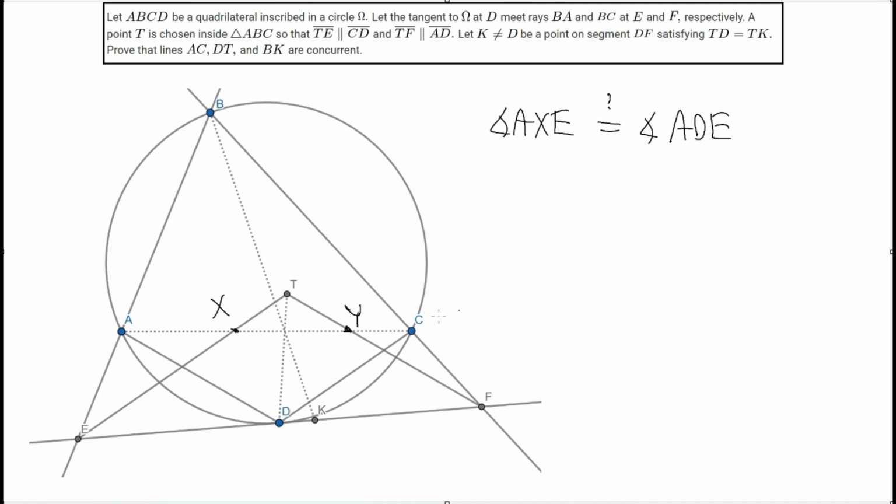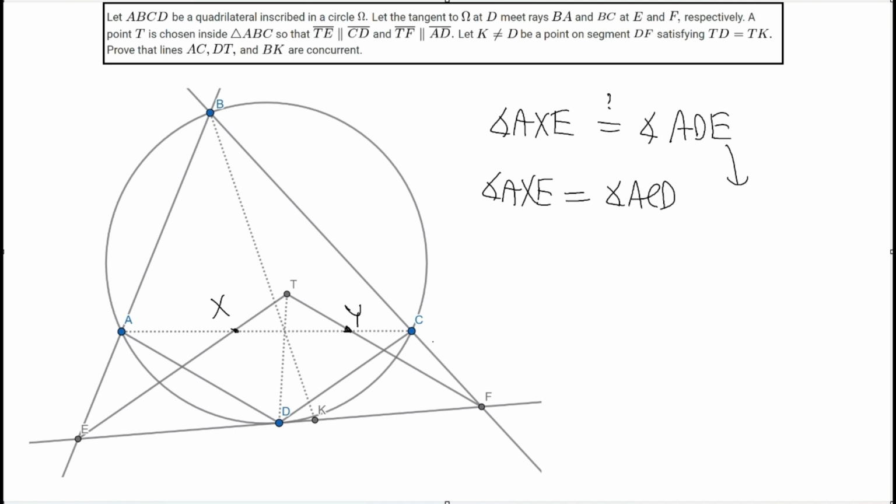We know that ET is parallel to DC by the problem condition. So that means that directed angle AXE is equal to directed angle ACD because XE is parallel to CD and we just shift this over. And this one here, we want to prove that it's equal to angle ACD.